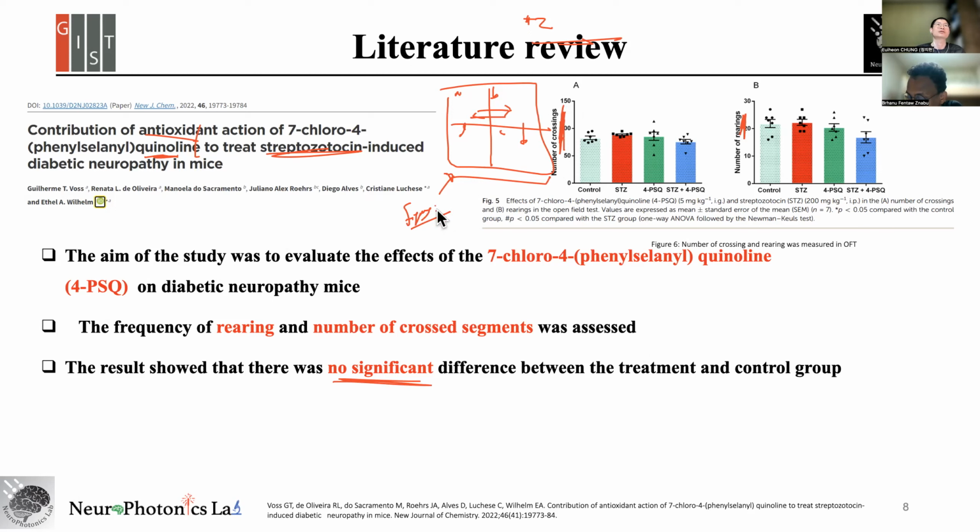Okay? So this is another new aspect of behavior. And then number of rearing. People don't know what rearing is. You should have defined rearing. Okay? Definition. And a figure of rearing.